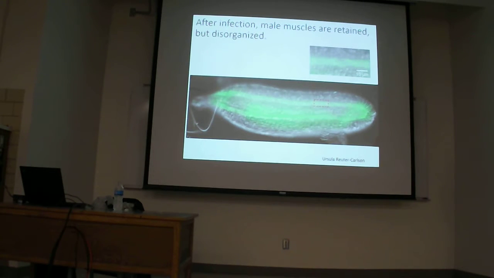If we focus through the animal, we would see another two stripes of muscle tissue. We don't see these nice diamond-shaped cells. It seems to be a more continuous line, and the muscle filament doesn't seem to be as nicely organized, but it does seem to be more intact than in the female. So it seems that there is some sex-specific muscle degeneration going on.